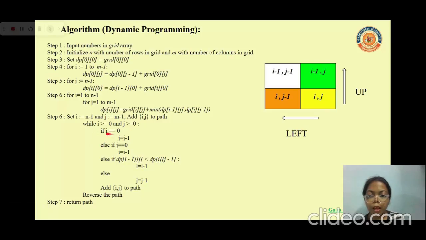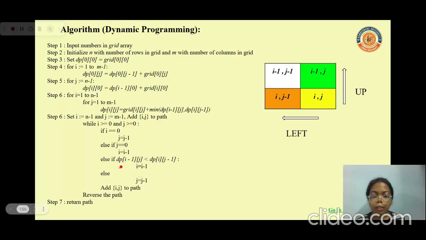If I am at the 0th row, I must move left, or if I am at the 0th column, I must move up. Because I am starting from my bottom right corner, I can either move left or up. So when I reach the 0th row, I can only move left, and when I am at the 0th column, I can only move up.